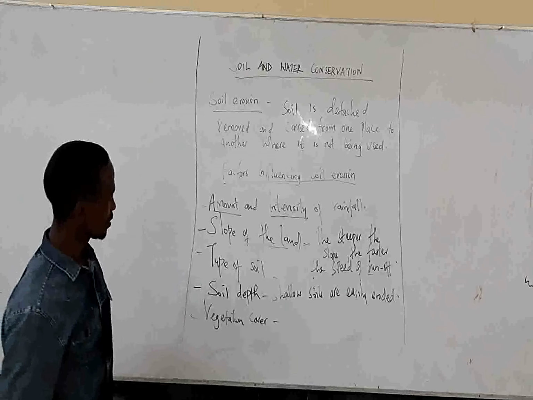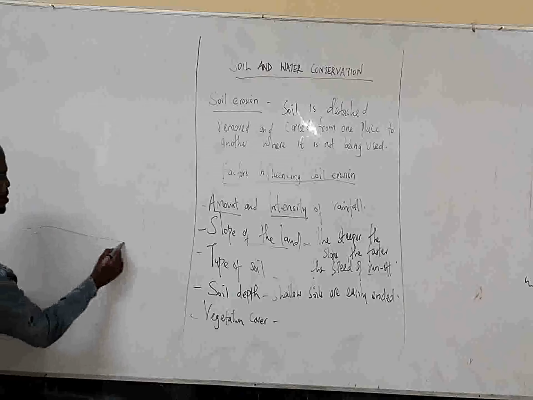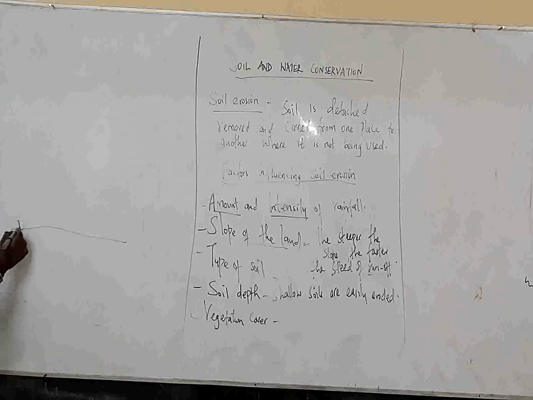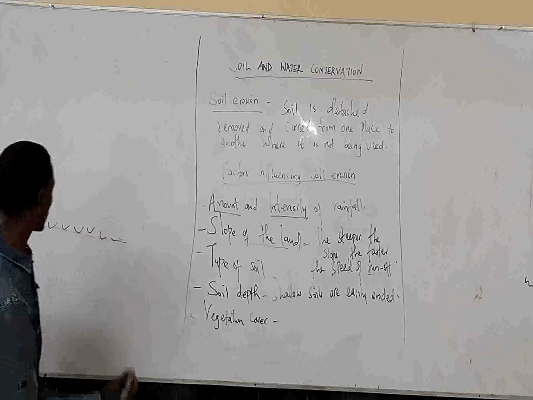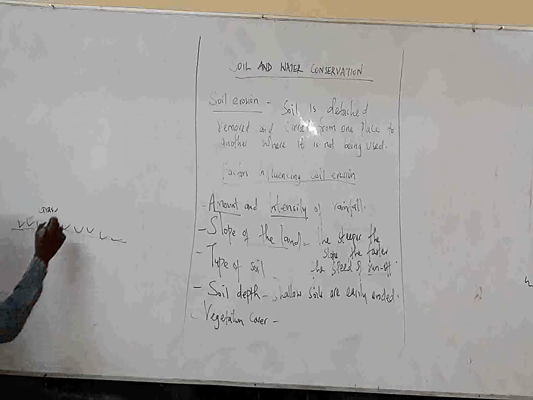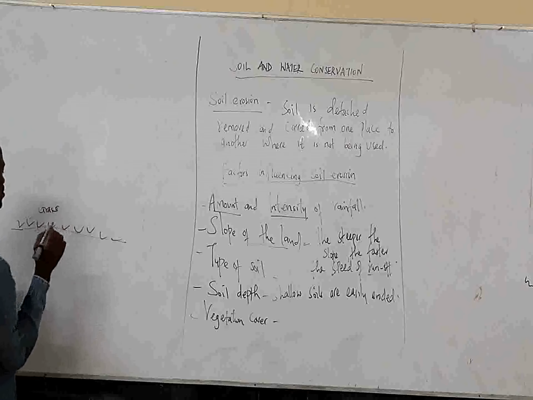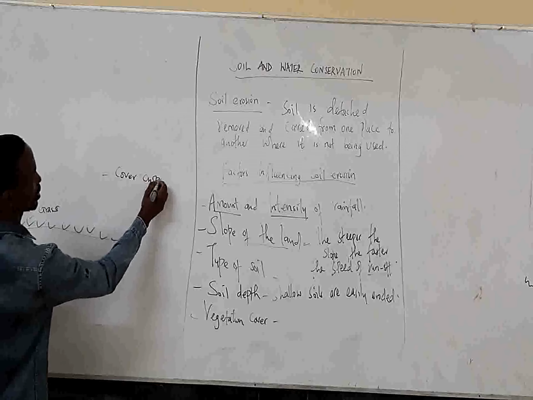So vegetation cover influences soil erosion, whereby you find that in areas where we don't have ground cover. Examples of ground cover: we can have grass or any other cover crop. Grass is one of the examples, or we can also have some cover crops.